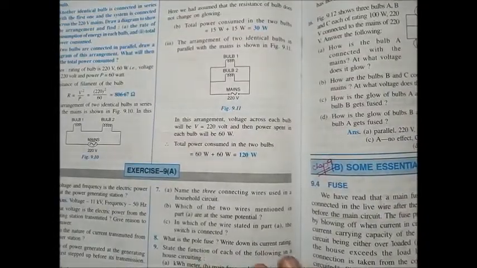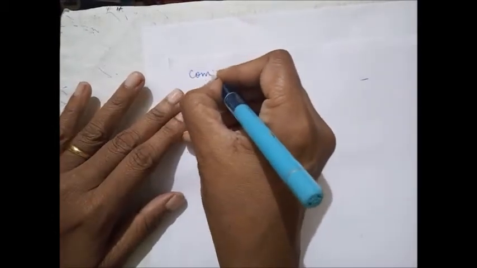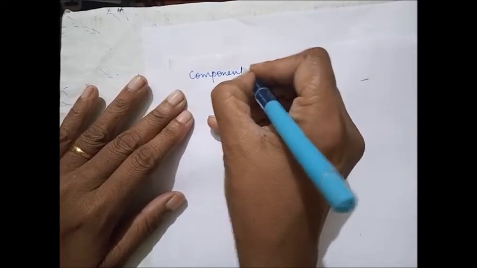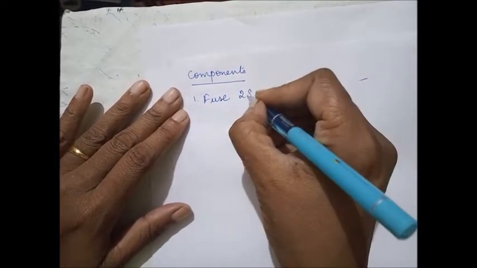I'm going to start now with chapter 9b, some essential components of house wiring system. Okay, so these are some of the things that are part of a household electricity, we can call it. The components that we are going to see are: first is fuse, second we're going to see about switch.